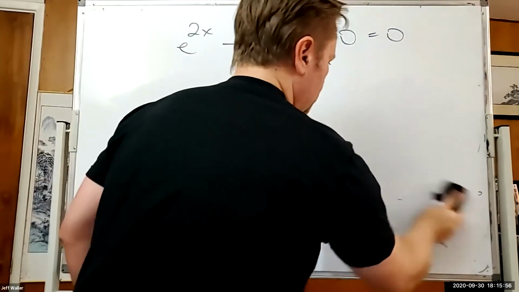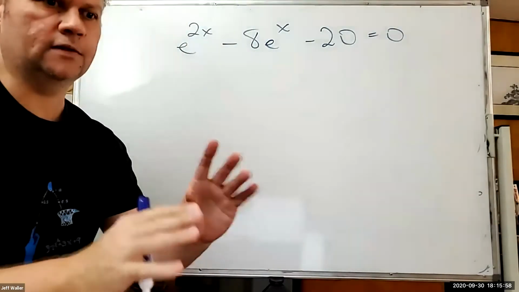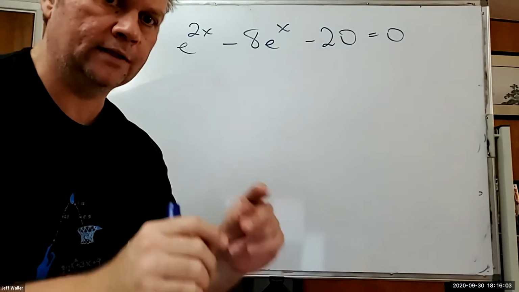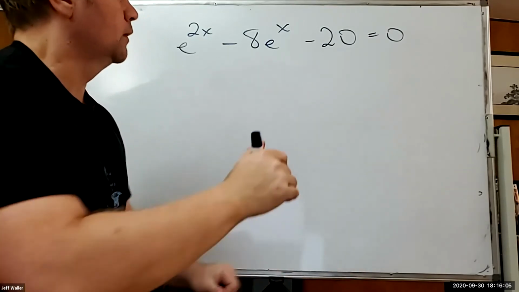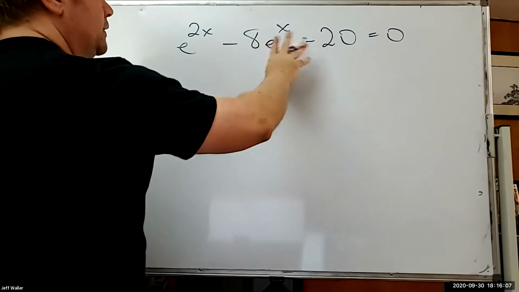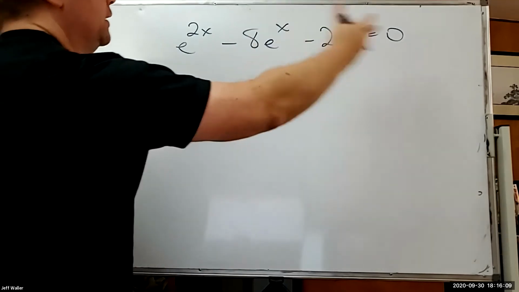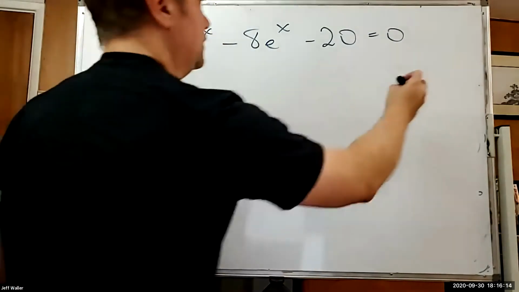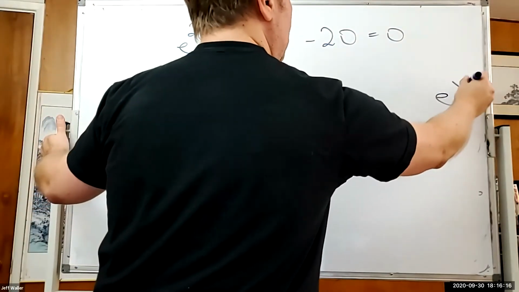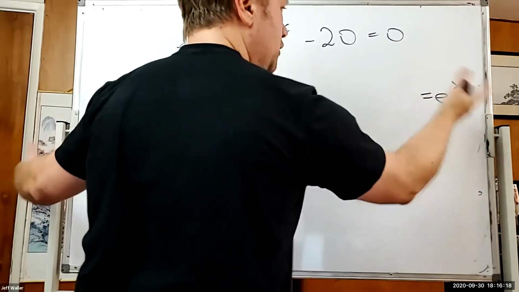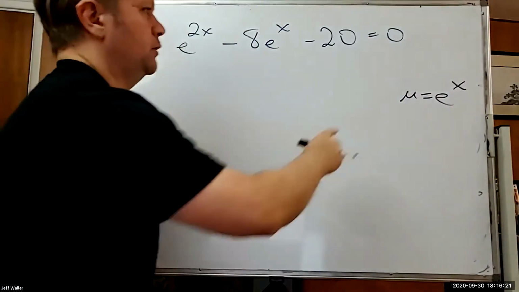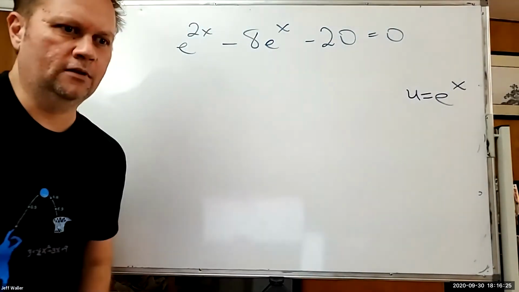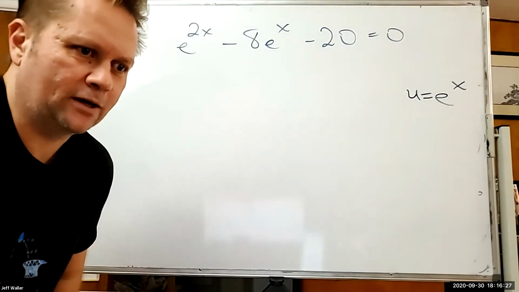Okay, so what I can do, are you ready? This is a really cool method that's going to come up over and over again throughout mathematics. Some of you might have used this already. Do you know what e to the x is in this equation? I don't know either. So algebra says, if you don't know what something is, call it a letter. Just call it u.